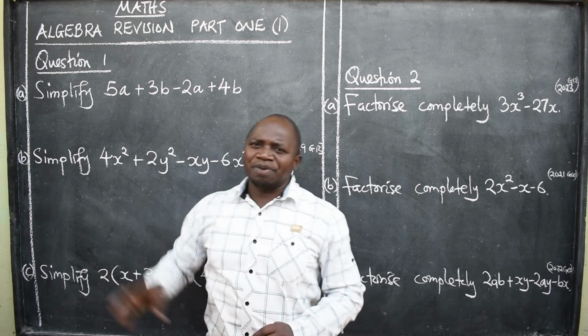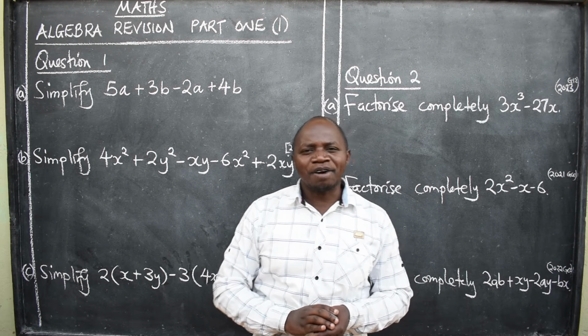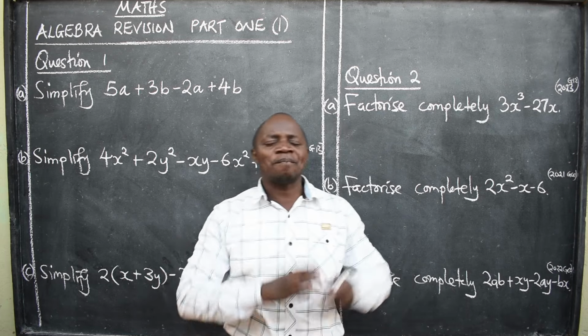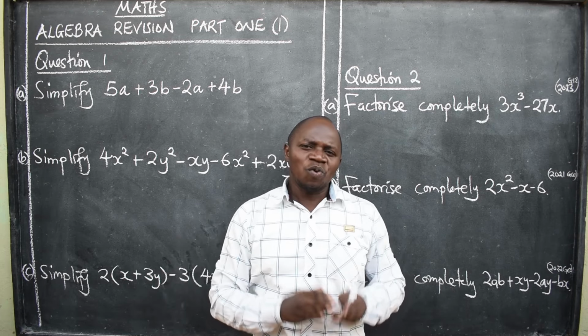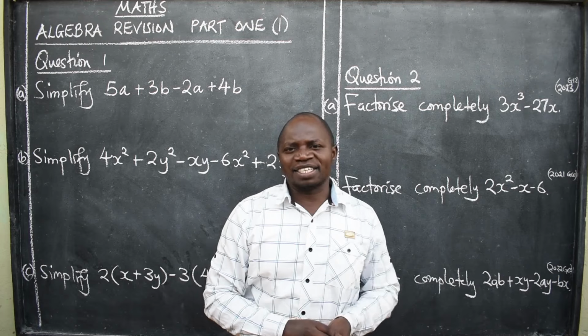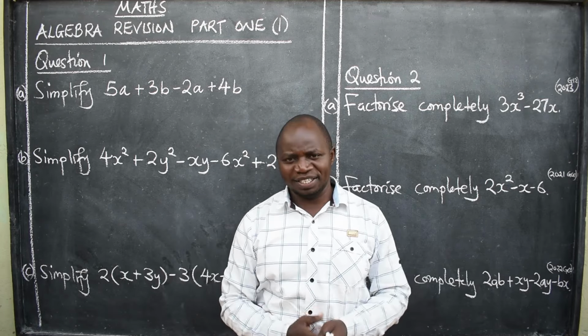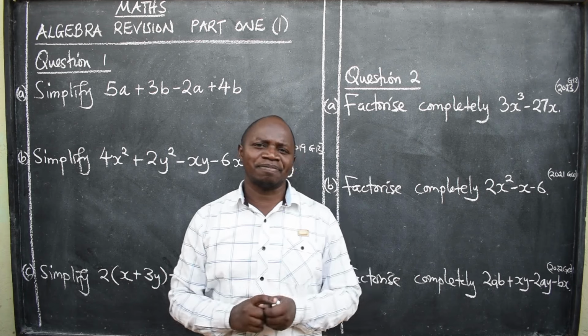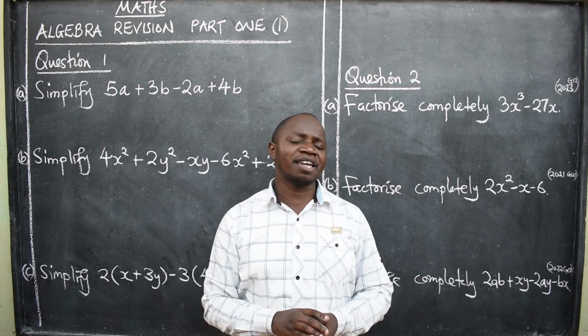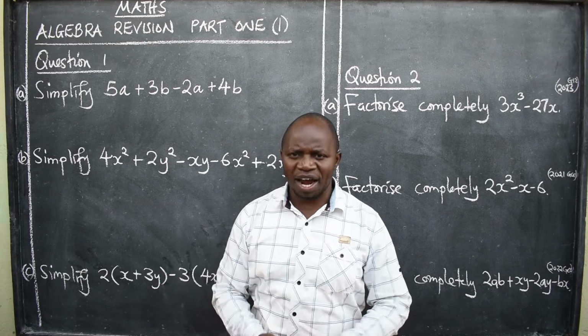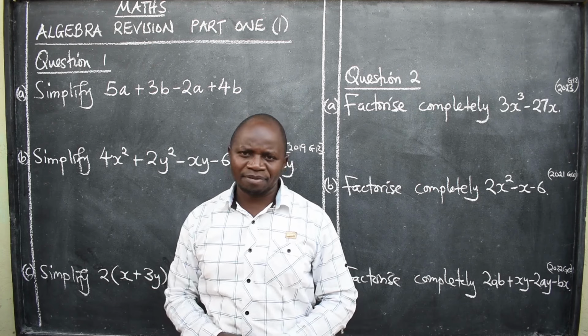When we say algebra, we are talking about a branch of mathematics or part of mathematics where letters are used to represent numbers and quantities. That is a very simple term or definition that we can use to describe algebra.